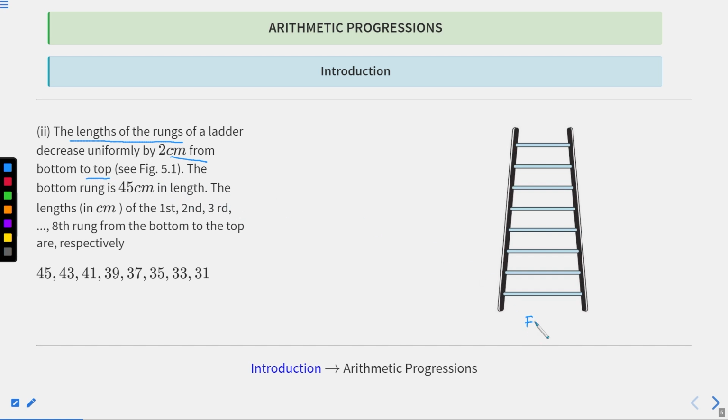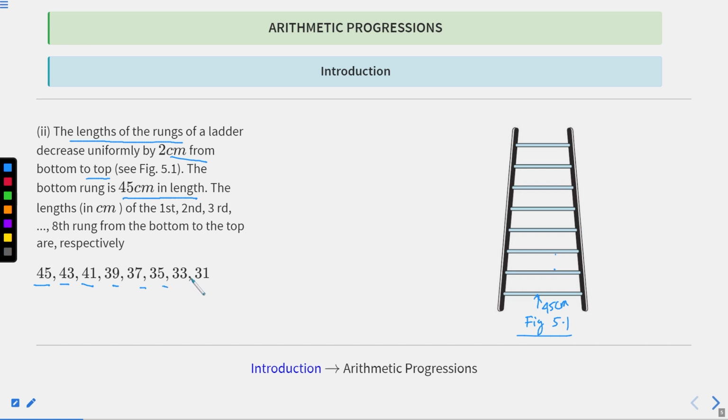Here you can see the bottom rung is 45 centimeters in length, and the lengths in centimeters of the first, second, third, and so on up to 8 rungs from the bottom to the top are respectively 45, 43, 41, 39, 37, 35, 33, and 31.